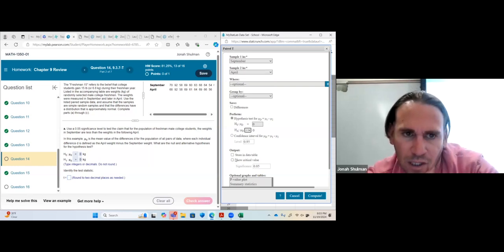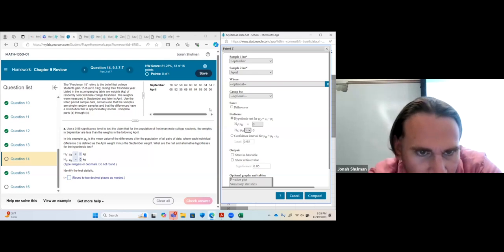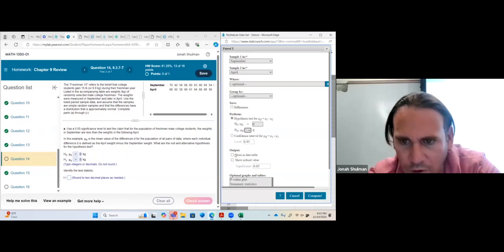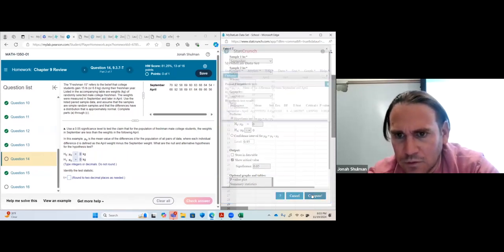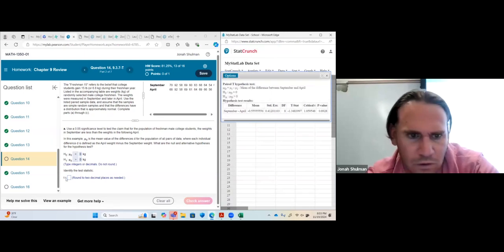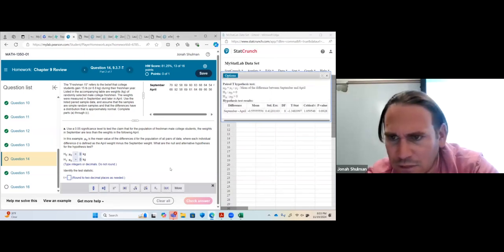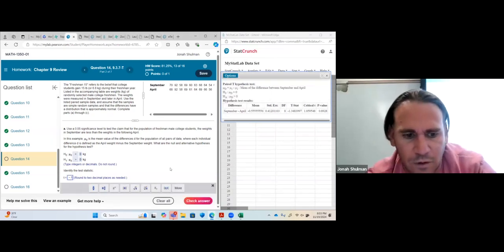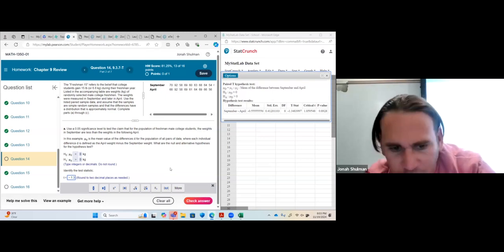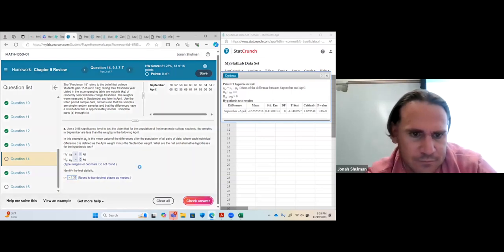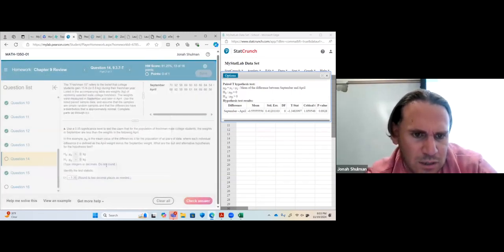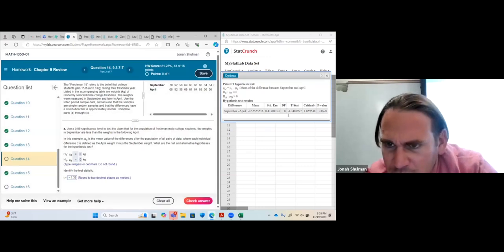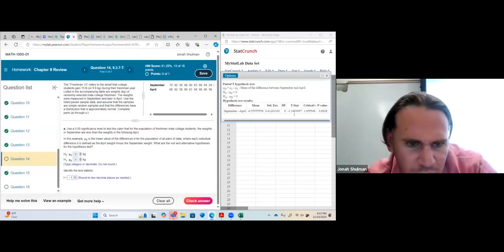And we're going to do this at what level? 0.05. Compute. All right, so our T statistic to 2 decimal places is negative 1.35. What? Our T statistic is negative 1.35.